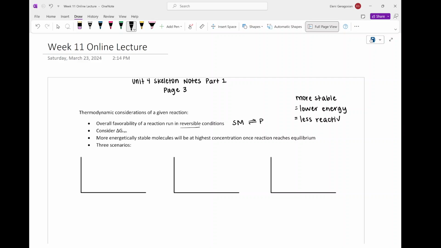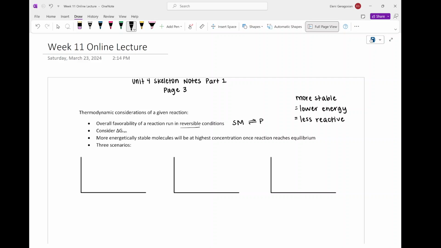We use these terms a lot in class, so it's helpful to keep in mind that if a molecule or atom or ion is more stable, that means it exists at a lower energy and is less reactive. And less reactive, lower energy, more stable than, in this case, the other molecule in the reaction or whatever we're comparing it to. So we'll be comparing different molecules or atoms.